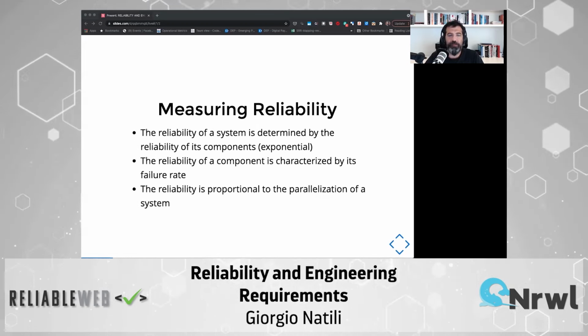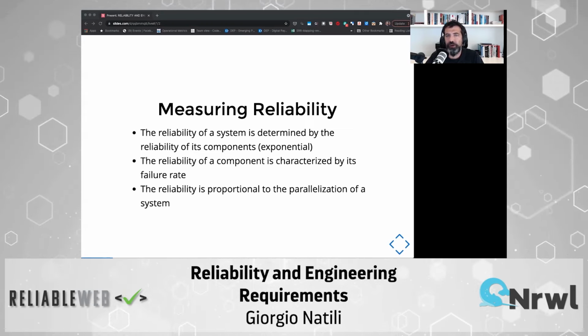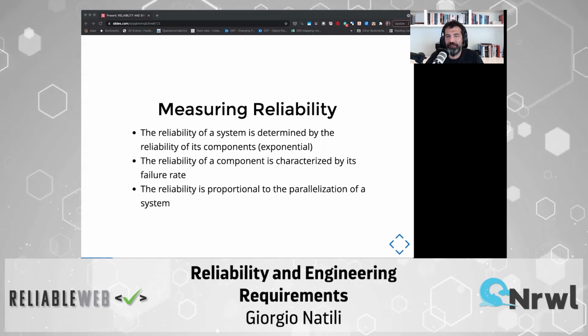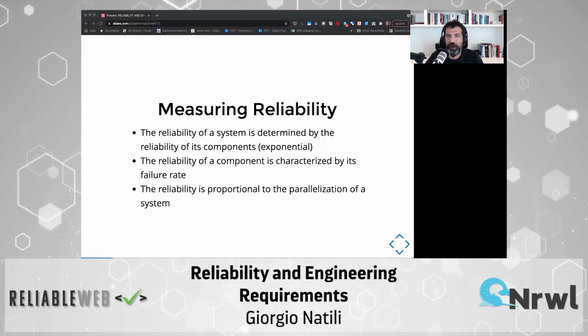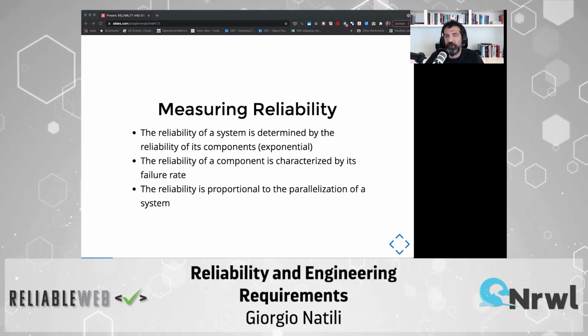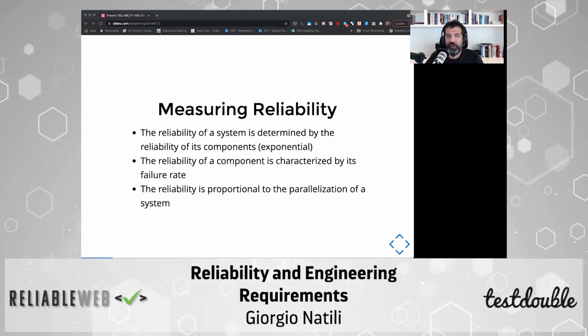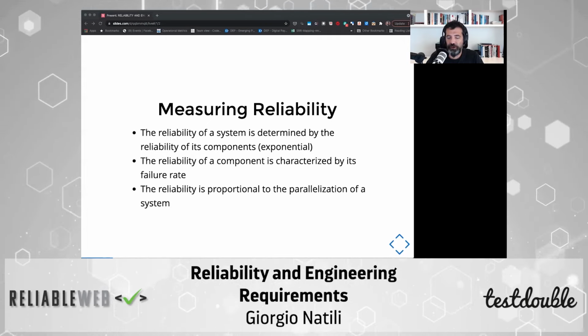How to measure reliability? Of course, it's done through the components that belong to your system. The reliability, most likely, is characterized by its failure rate, and it's proportional to the parallelization of a system.